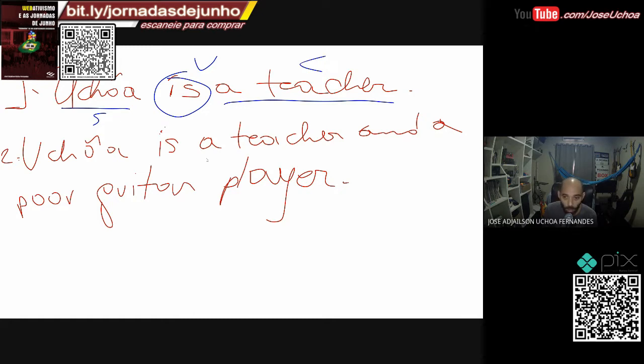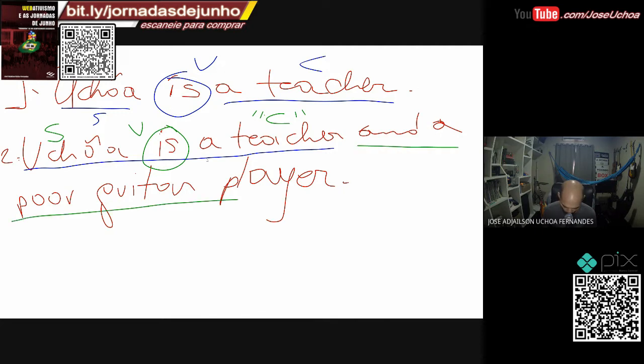Okay. Now, what is the difference between this one and the second? Here, again, let me use another color, this green. We have Ushua as the subject, is as the verb, a teacher as a complement, in a lot of inverted commas, because it's not only a complement. And we have all this other part here, a poor guitar player.